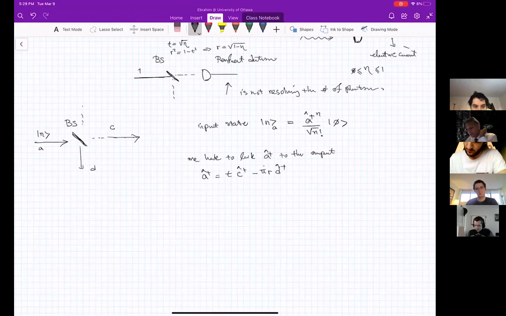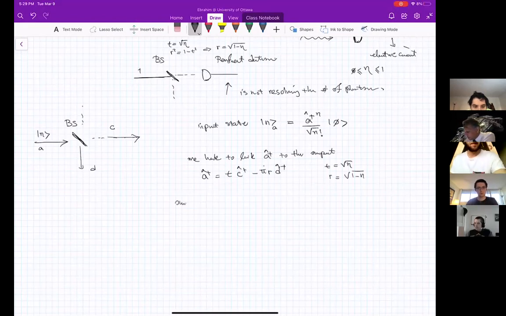True? I think it was something like that. Remember now T and R have to be replaced: T by square root of eta, and R by square root of 1 minus eta.